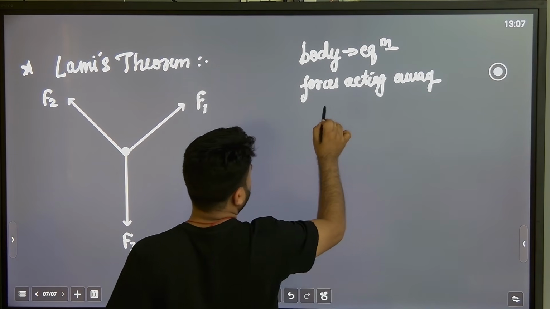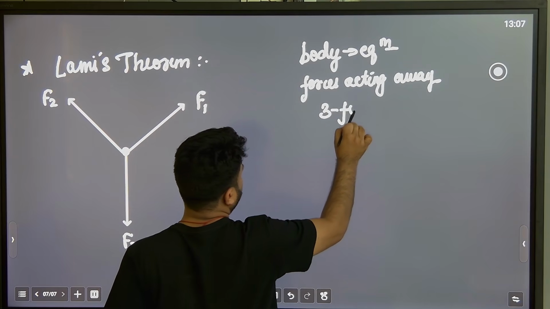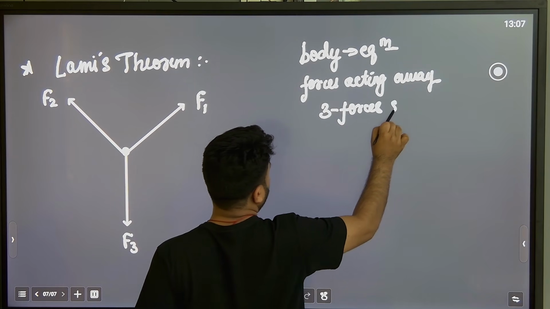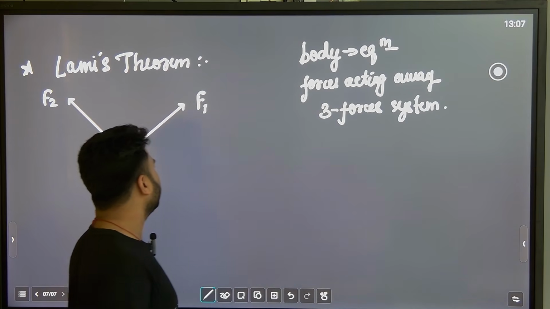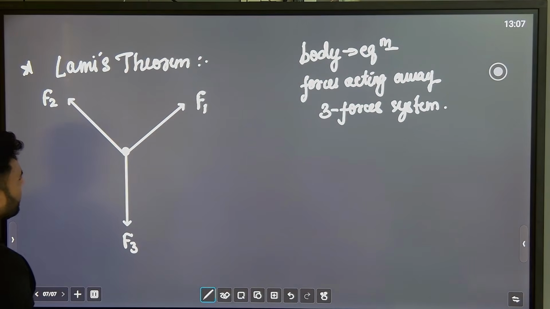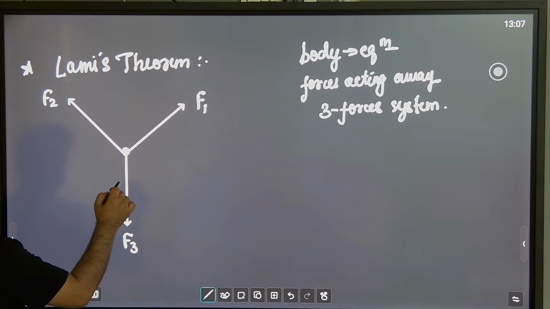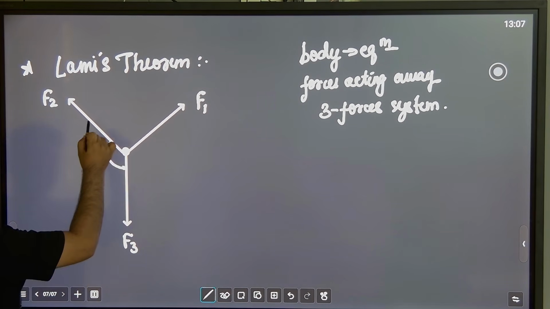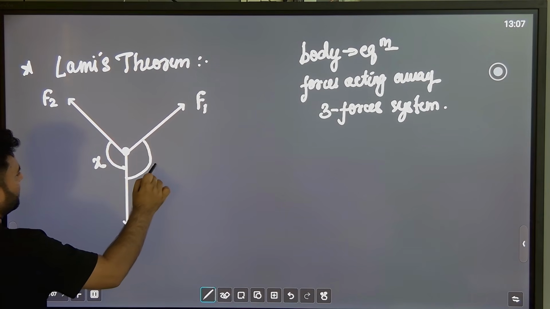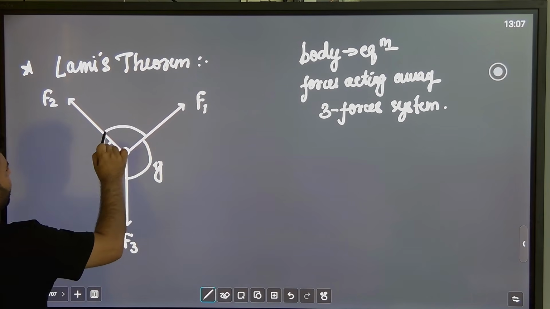Three force system means a total of three forces are acting on it. Then what is Lami's theorem? Suppose this angle I write x, this angle y, and this angle z.